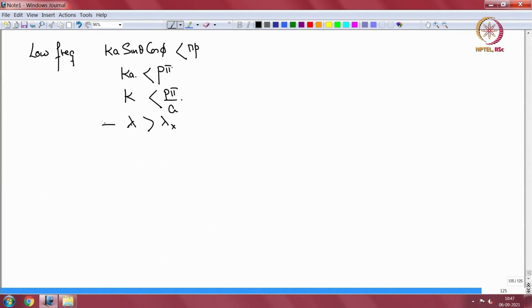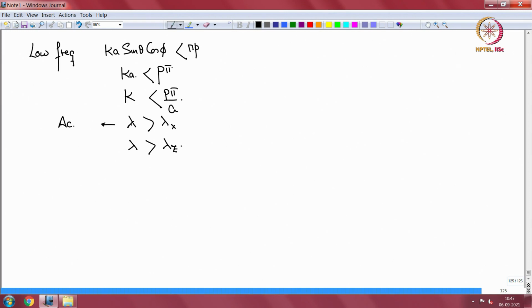Lambda, the acoustic wavelength, is greater than lambda x, the panel modal wavelength. Similarly, lambda is greater than lambda z, the panel modal wavelength in the z direction.